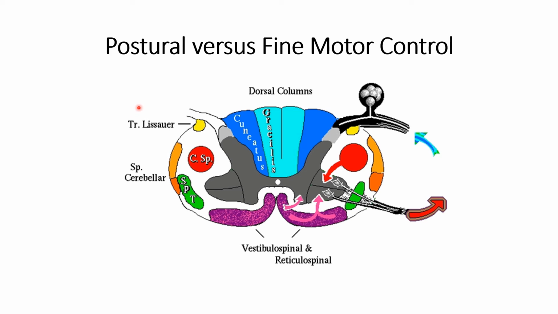Pain fibers that come in the dorsal root may synapse in the dorsal gray, but they often will travel first in Lissauer's tract for 1 or 2 segments to go up or down the spinal cord, after which they will synapse generally in the spinal gray on neurons that then cross the midline to the other side to occupy a position in the spinothalamic tract, at which point they can travel up towards the brain.